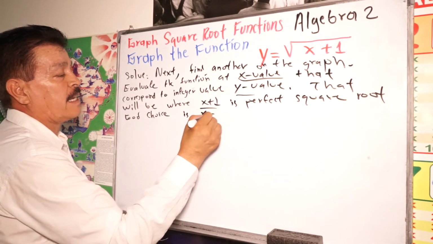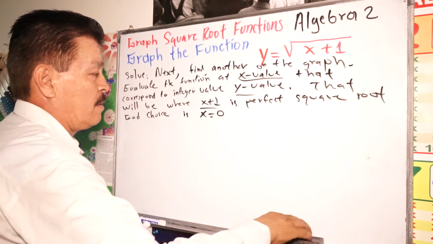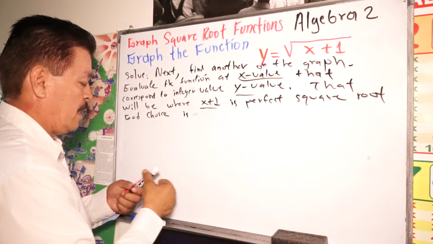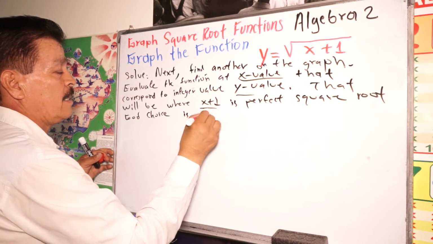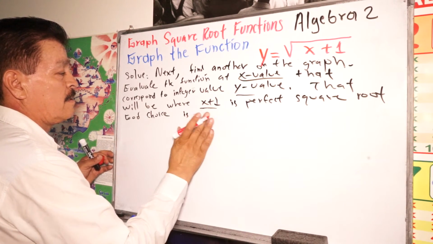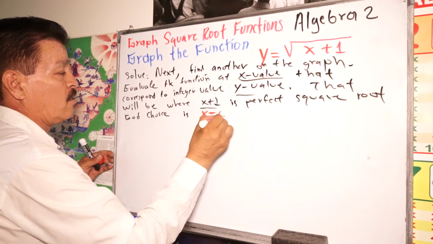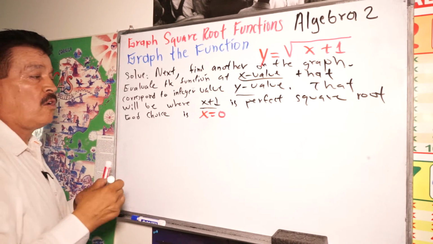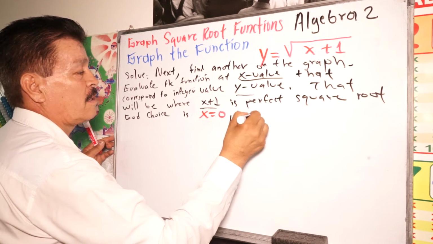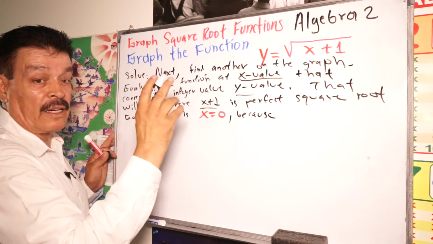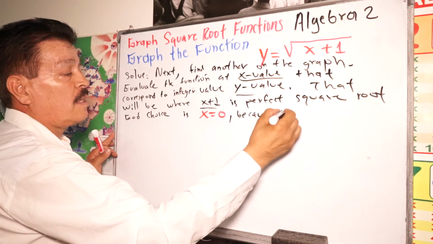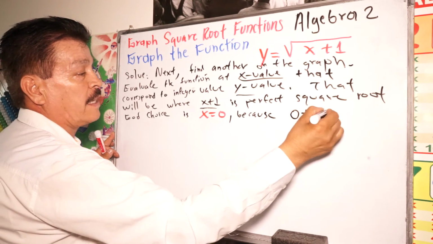is x equals 0. Let me use another color here. x equals 0 because 0 plus 1 equals 1.